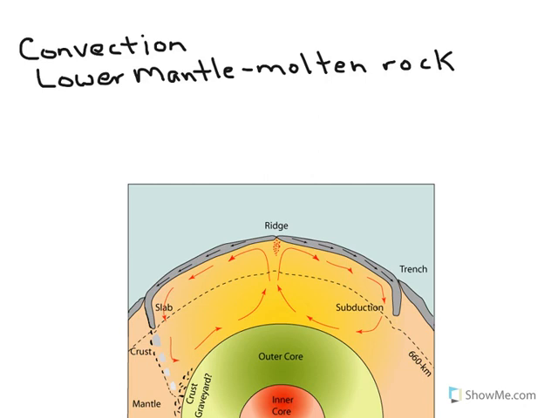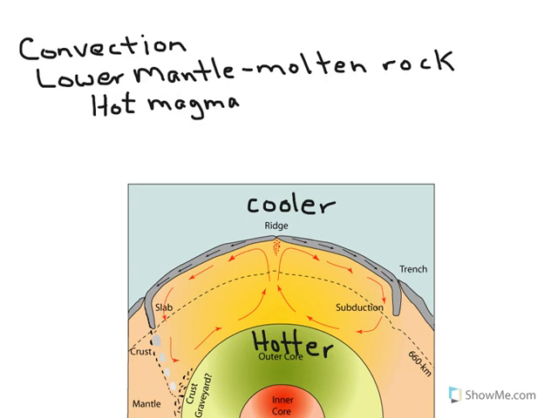Now we also saw that in Earth's interior, the closer to the center you get, the hotter it is. Closer to the surface you get, the cooler it is. And that's also going to be key to this convection cycle. Now, where it is hotter, when you have hot material, in this case the hot magma, when things are heated, it expands.